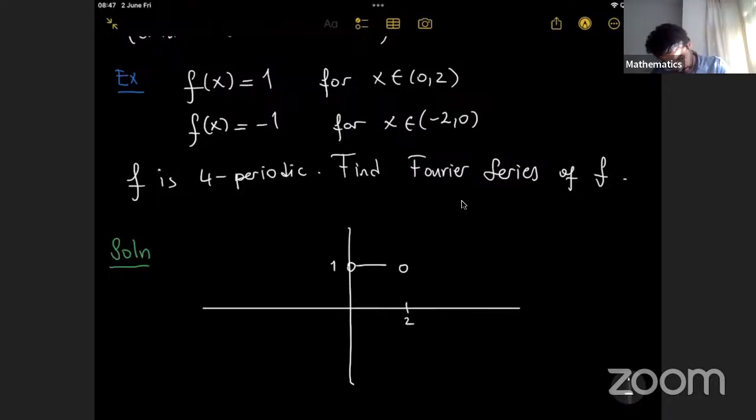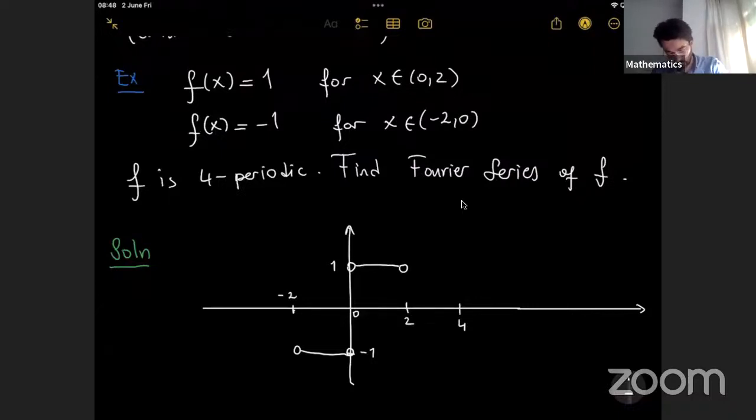It's like this, okay? And between -2 and 0, it's -1. All right. And this is 4 periodic. That means you will copy this picture every 4 units. So for instance, from 2 to 4, it's going to be, again, -1.